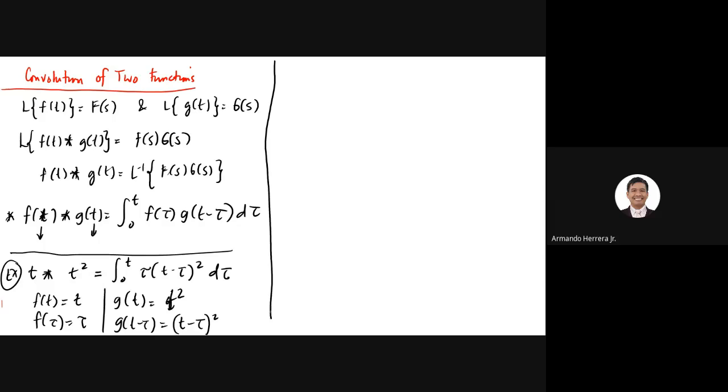Then evaluating the integral, t convolved with t squared is equal to the integral from 0 to t of tau times the expansion of t minus tau squared. That gives us t squared minus 2t tau plus tau squared, d tau. So this is the integral from 0 to t of t squared tau d tau. That t squared is a constant and must be put outside because we are integrating with respect to tau.